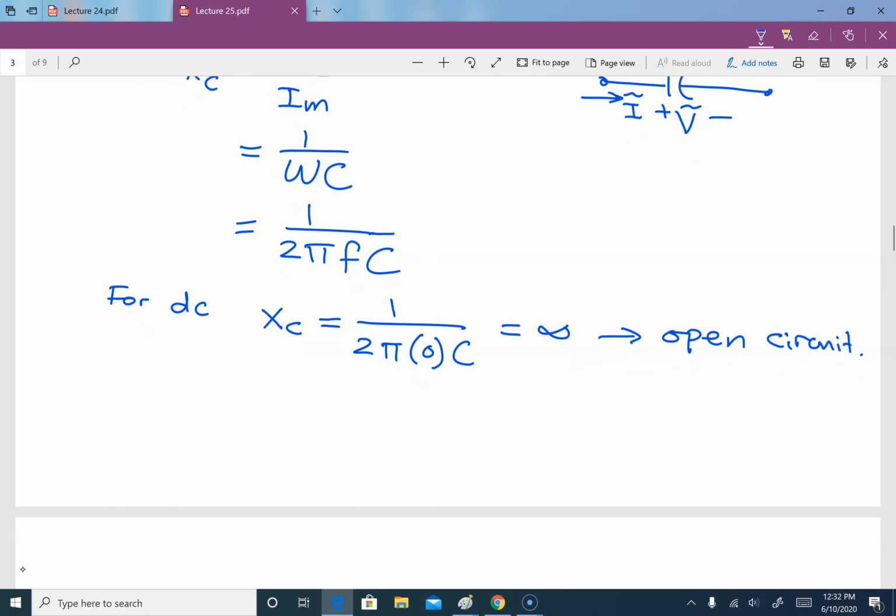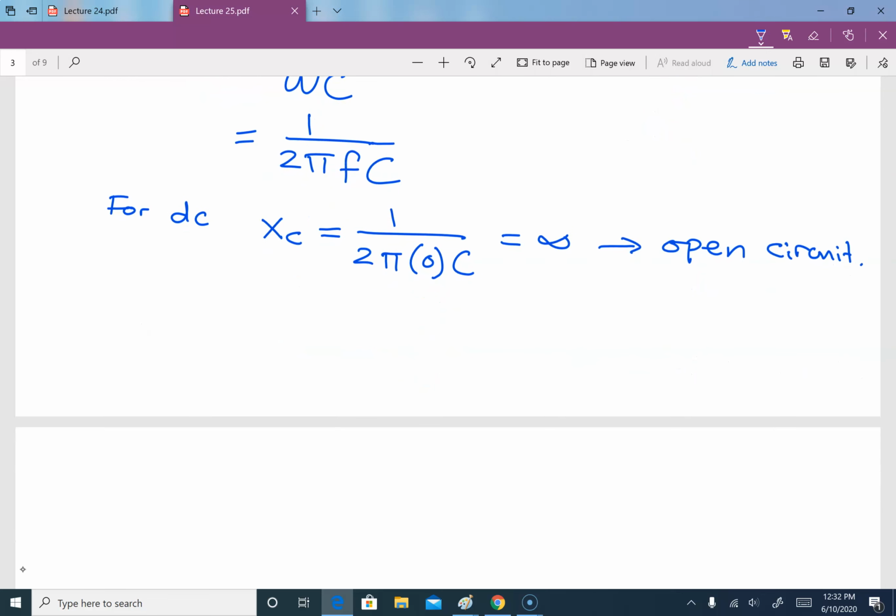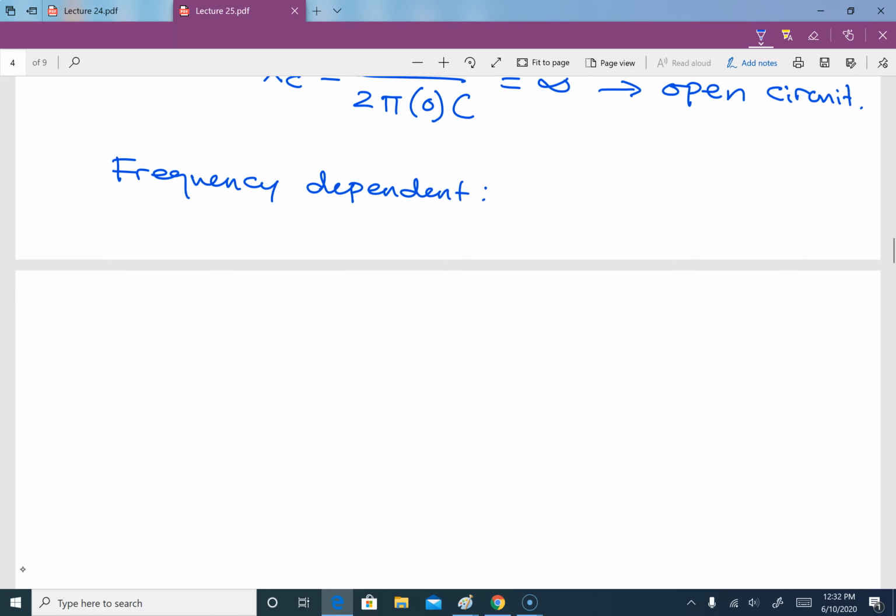Okay. So now what do we mean by frequency dependent? Suppose that we have our L equal to, let's say, 1 Henry, and our frequency equal to, let's say, 60 Hertz, right?